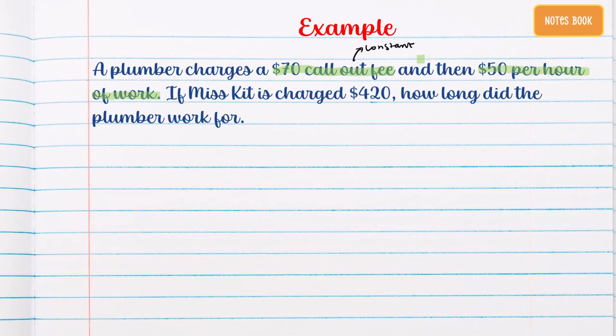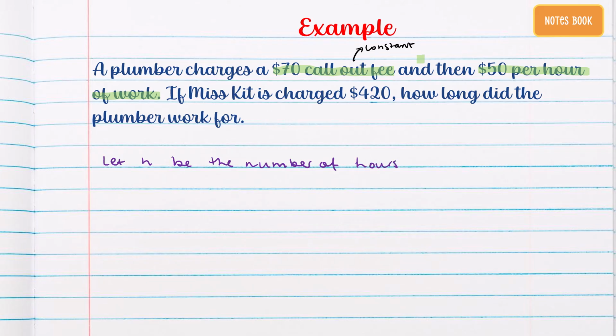So because I want to figure out how long this guy worked for, if I've been charged a certain amount, I'm going to let H be the number of hours, right? Now, the letter itself isn't important unless it's been specified, okay? But I'm going to let H be the number of hours. Right.